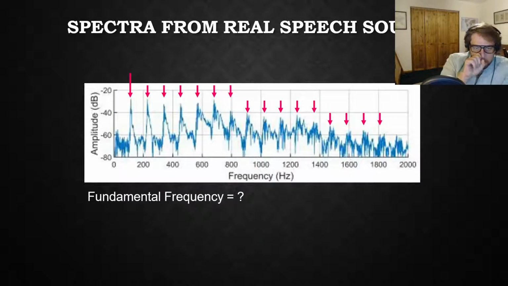All right. This is what actual speech sounds look like. Is this periodic or aperiodic? Well, it's periodic. You can see that there are these spectral lines here. You've got this one, this one, this one, all these going on. Now, like I said, there's some noise, this low-level noise right here.